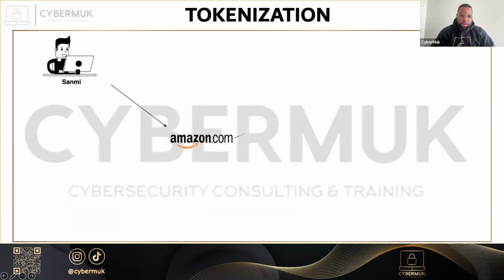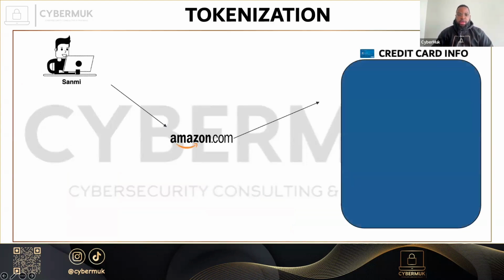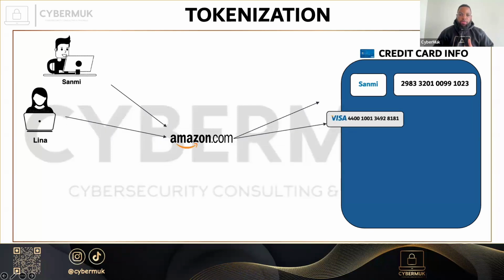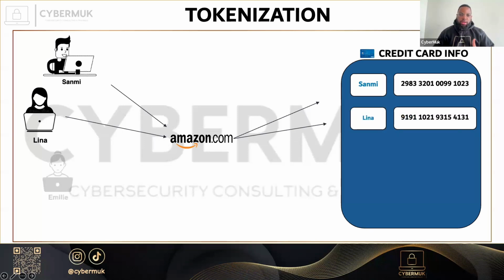So here you have this guy shopping at Amazon, and at Amazon, they store everyone's credit card number, right? So he wants to upload his credit card information, and when he performs a payment, the credit card number they store at their end changes. You have the second user who does her shopping, and when she uploads her credit card, if you take a look, it changes on their end.